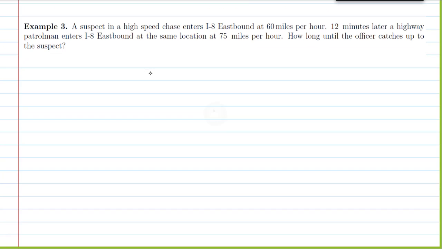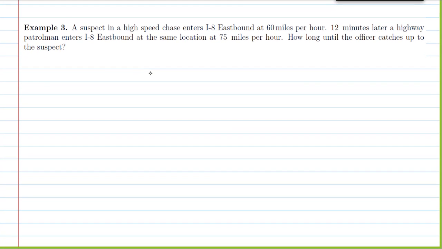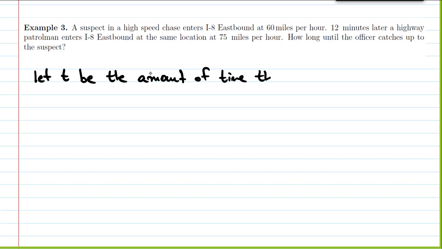So let's let T be the amount of time the officer, or the highway patrolman, is on I-8.